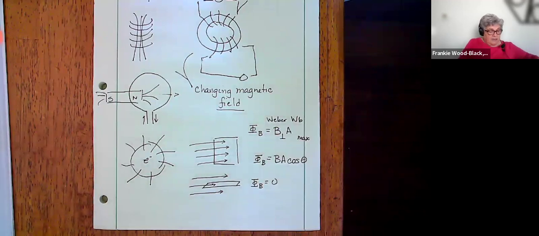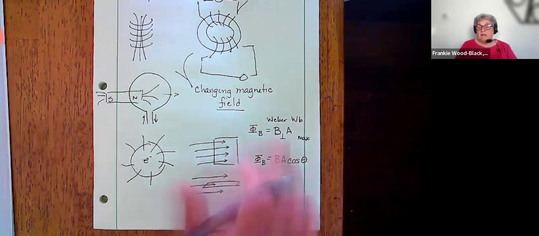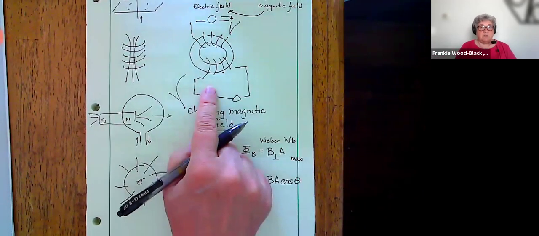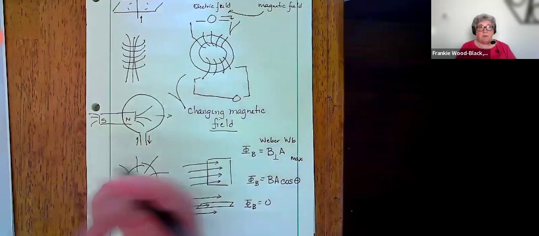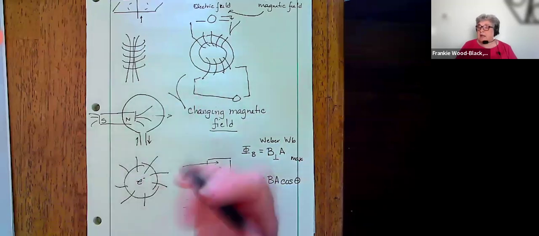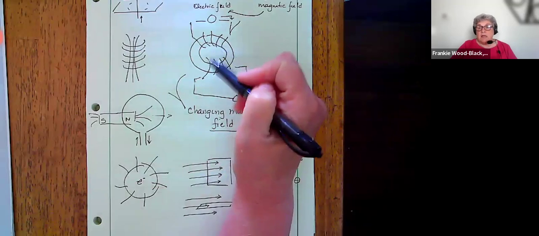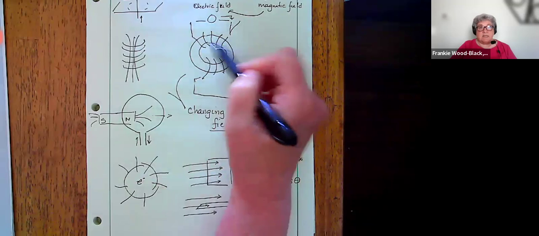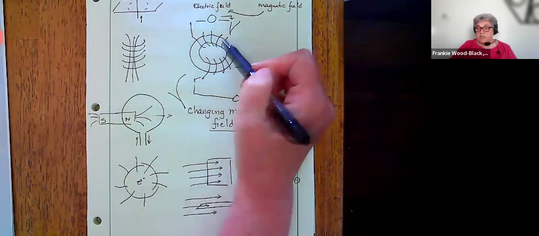Now, the idea about magnetic flux becomes very important when I'm dealing with AC circuits, because what's happening with an AC circuit is always changing. So if I'm running AC through here, this is always changing.